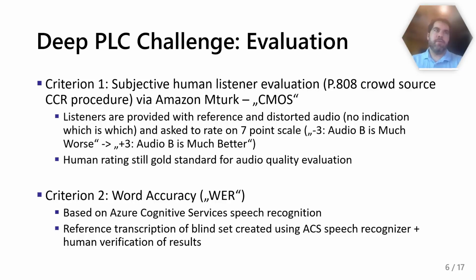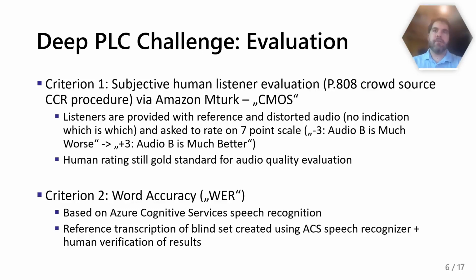We do that because human rating, while expensive and time-consuming, is still the gold standard for audio quality evaluation. We have nothing better. The other criterion we used was the word error rate, as calculated using Azure Cognitive Services.